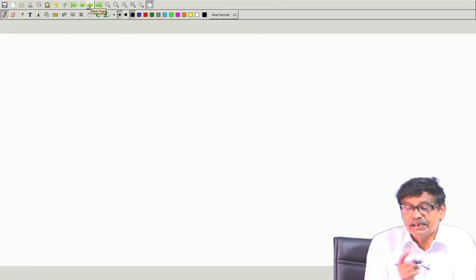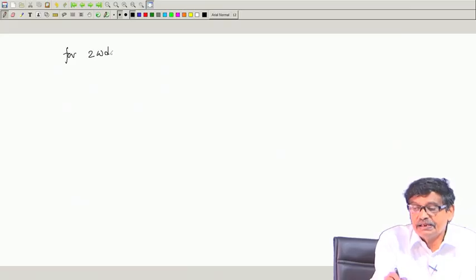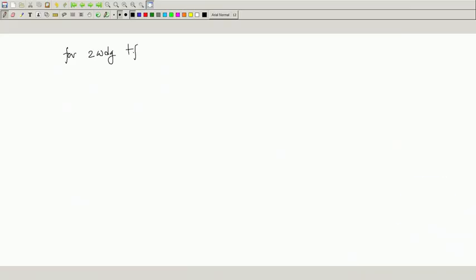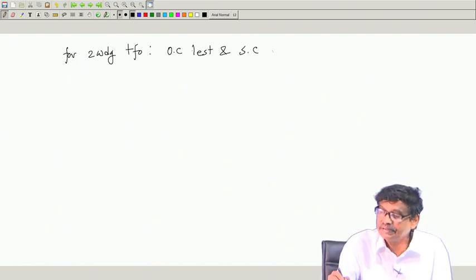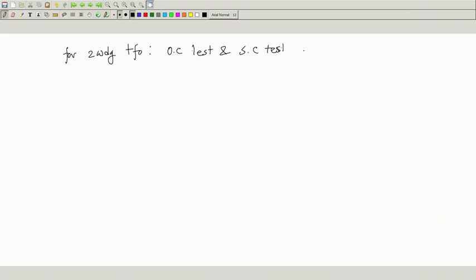But what I am telling is, for two winding transformer, you recall, we have done open circuit test and short circuit test to find out equivalent circuit parameters.